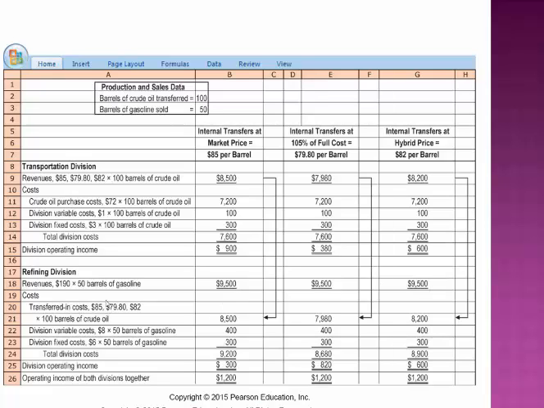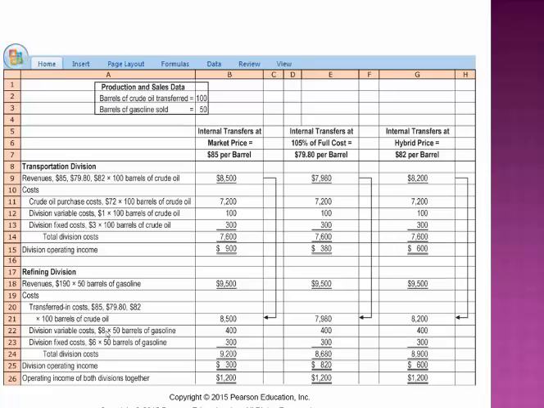In regards to the refining division's operating costs, not only do they have the $8,500, which reflects the market price as the transfer price, but they also have their own variable and fixed costs that are just in regards to the refining division. Per barrel of gasoline, notice that this is, again, using the 50 barrels of gasoline.